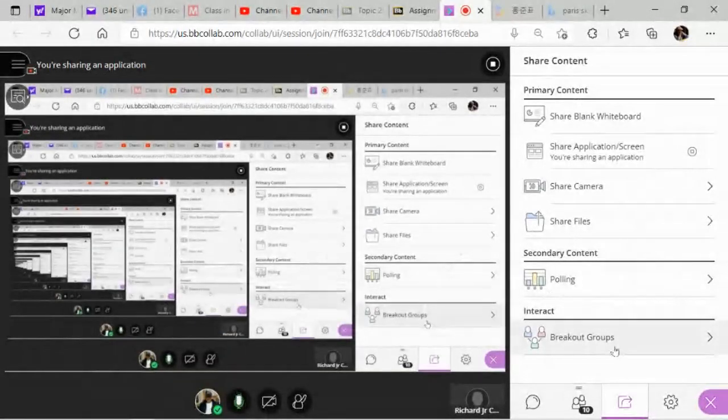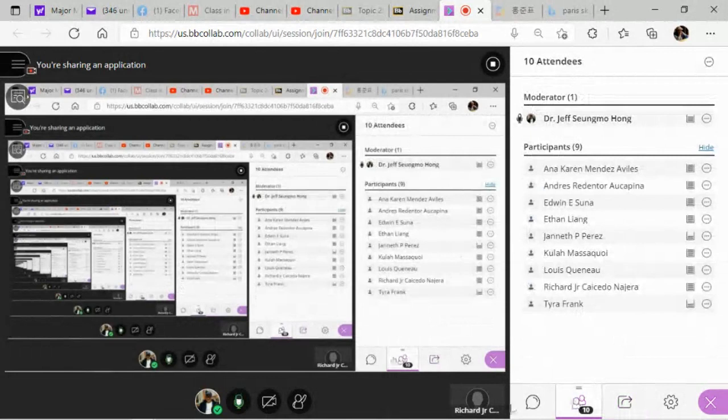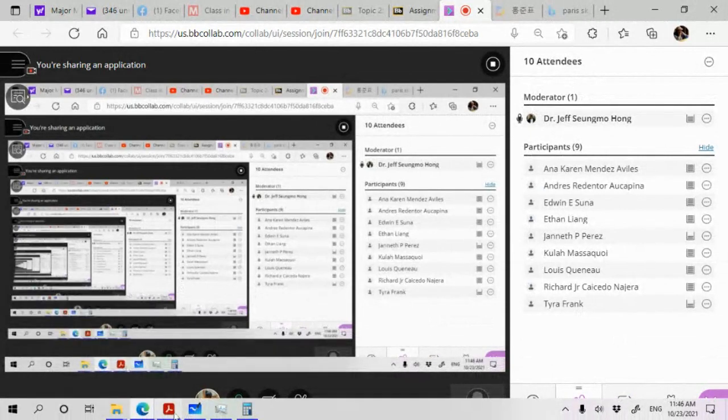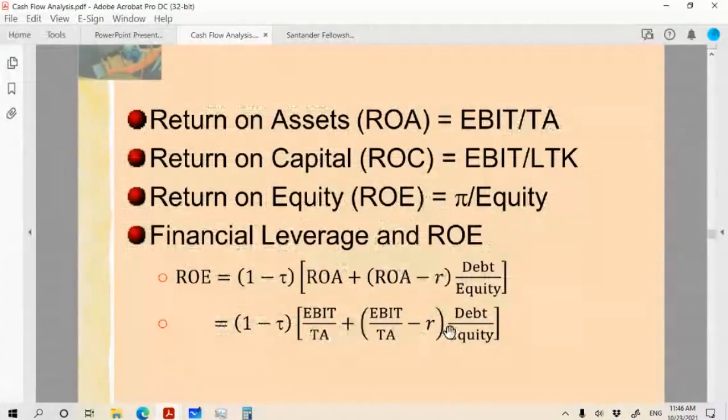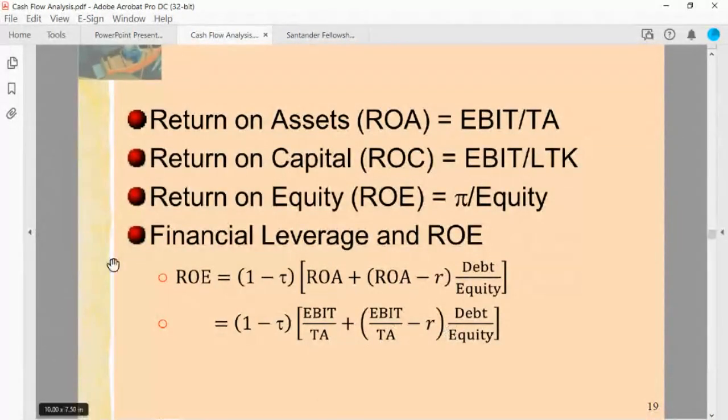All right, we're back. There are more cool things I want to talk about, more cool things about return on equity, how leverage, in other words debt, especially the debt to equity ratio, matters.